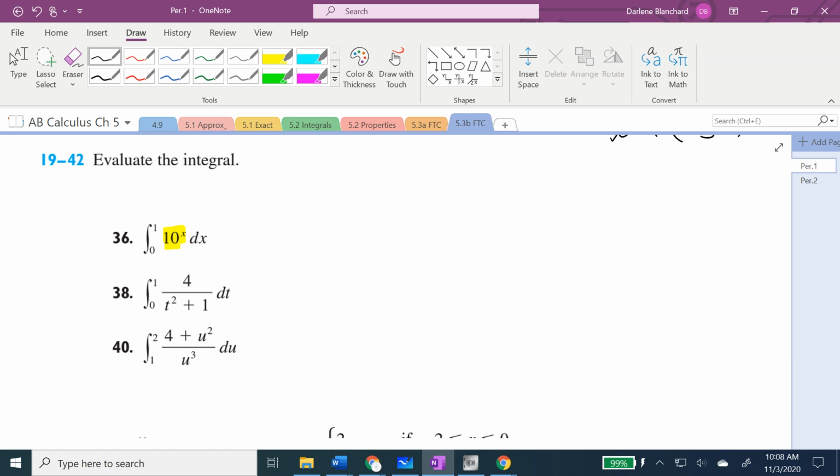So do you remember what is the antiderivative formula for an exponential function? And you have to go through those formulas and make sure you have them memorized.